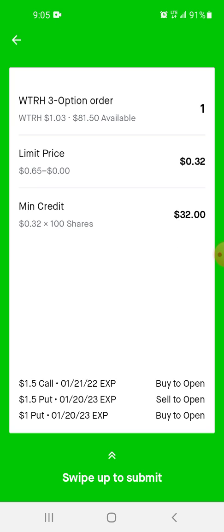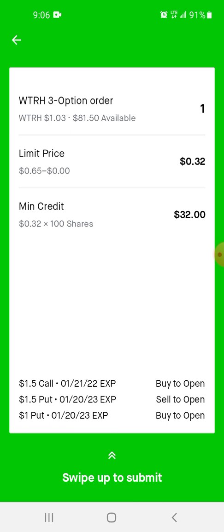So I can eventually close out this put option early, and if I break even, or let's say I make $10 or whatever, you can close it out, leave your call option, but it's a 3 option strategy, so they'll be working together. You can either just close your strategy completely, all 3 legs, or you can close a couple legs.